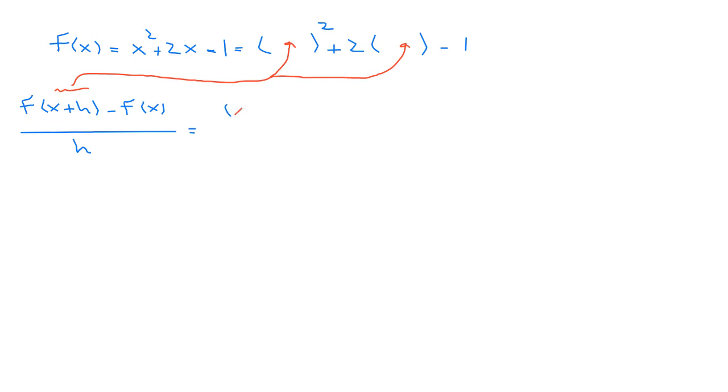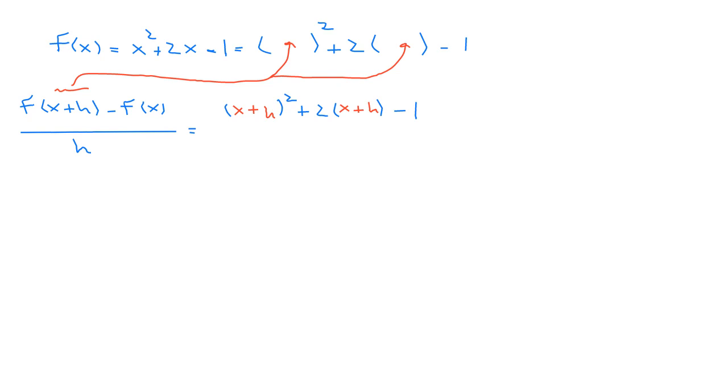I'll use two colors just to make sure that everybody sees it. Okay, so there is me putting the x plus h into that formula. x plus h squared plus 2 times x plus h minus 1.